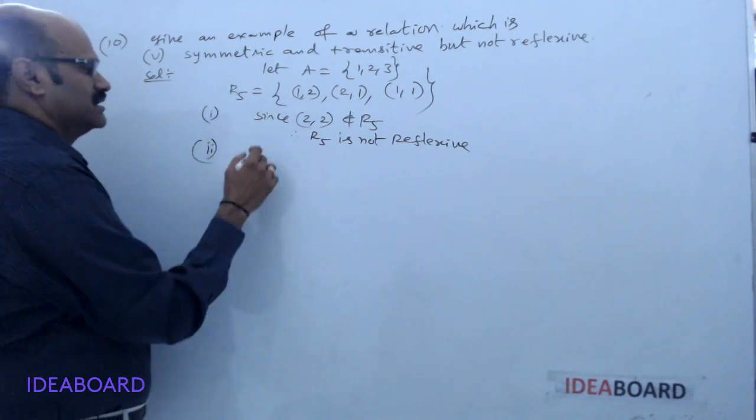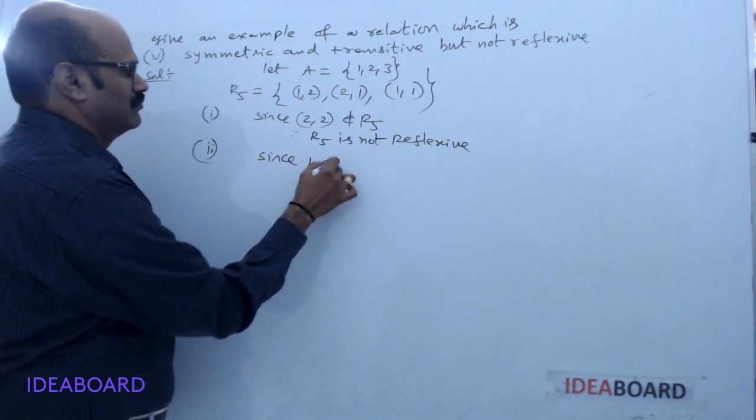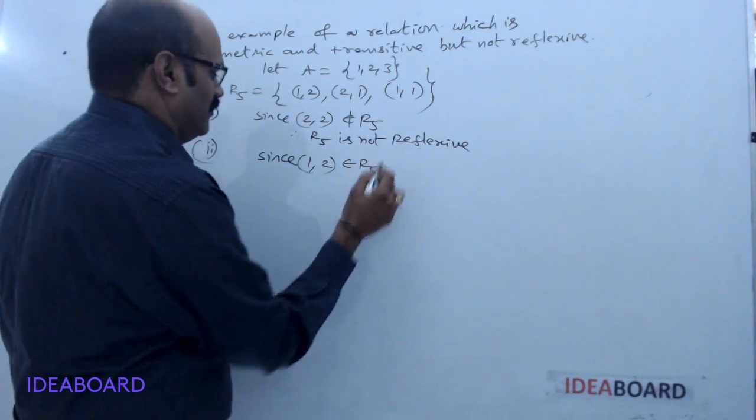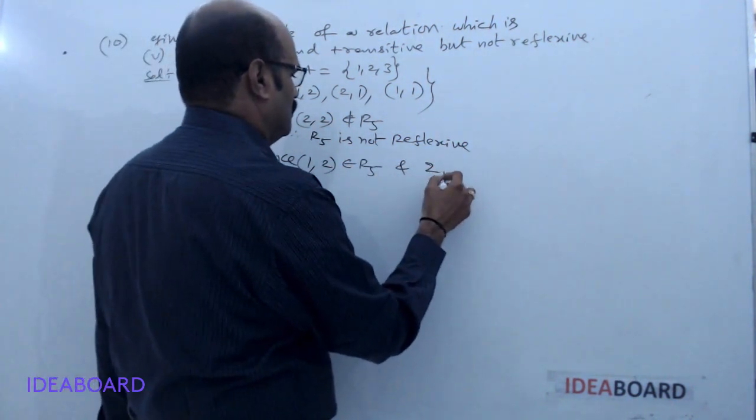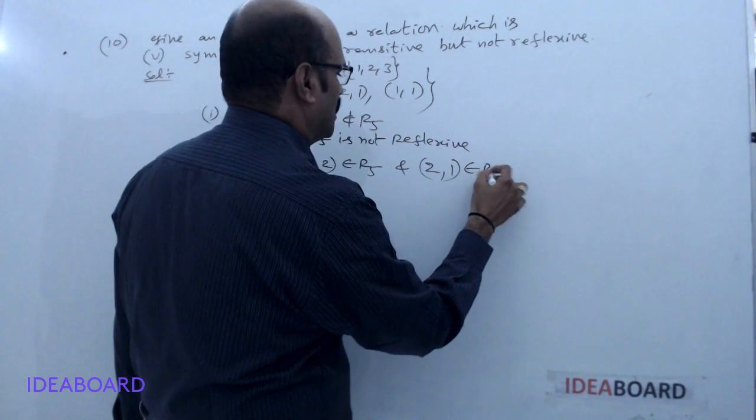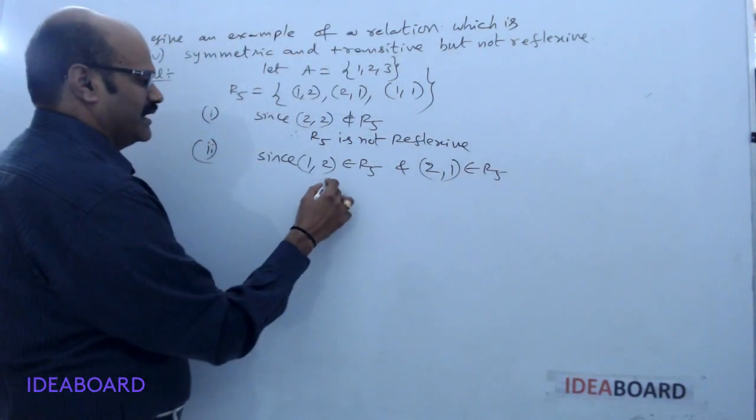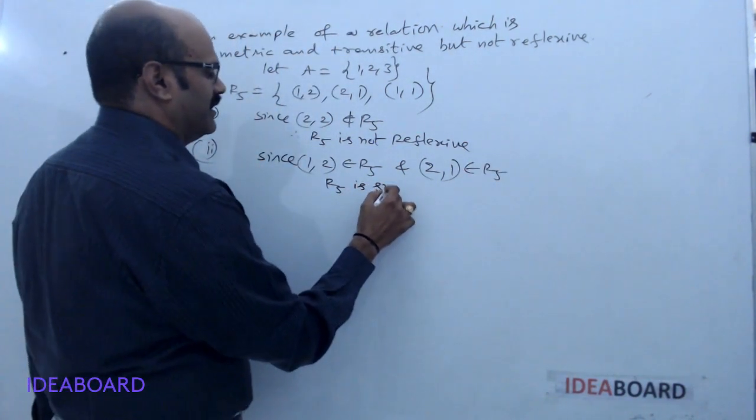Second one, since (1,2) belongs to R5 and (2,1) belongs to R5, clearly we say that R5 is symmetric.